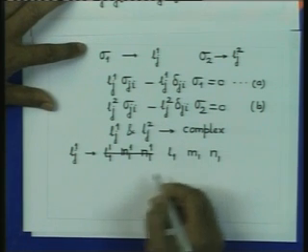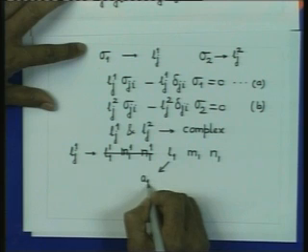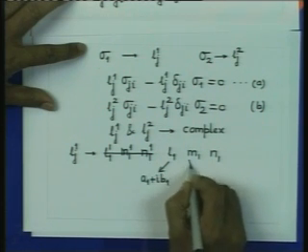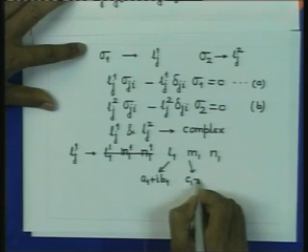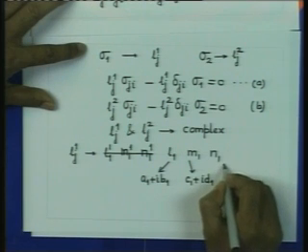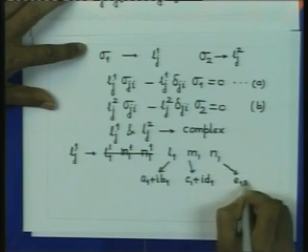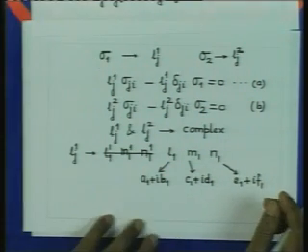So, it could be that L1 is of the form A1 plus iB1, M1 is equal to C1 plus iD1, and N1 is, let us say, E1 plus iF1.